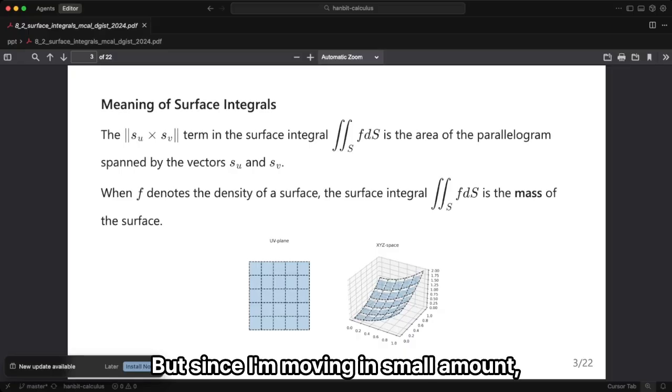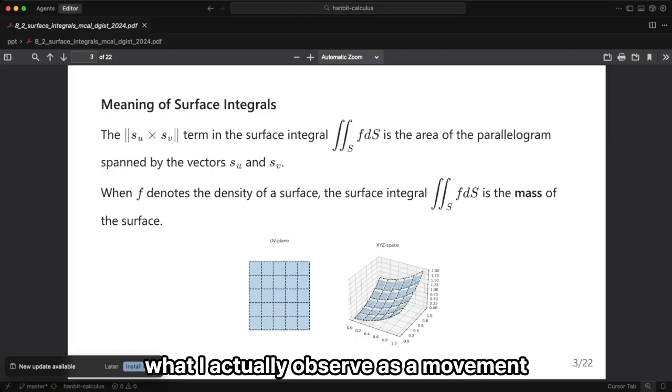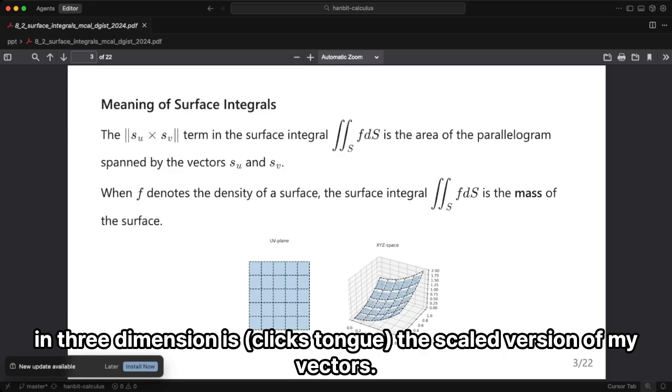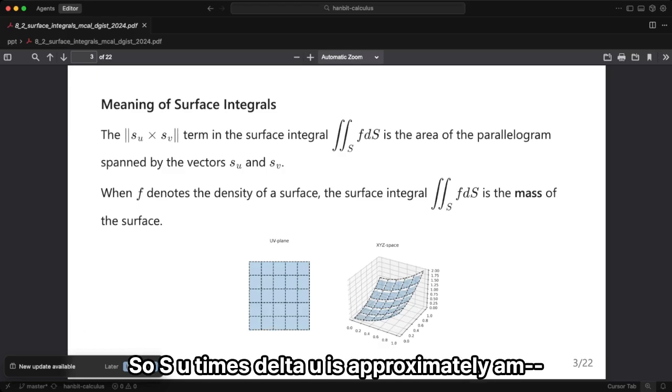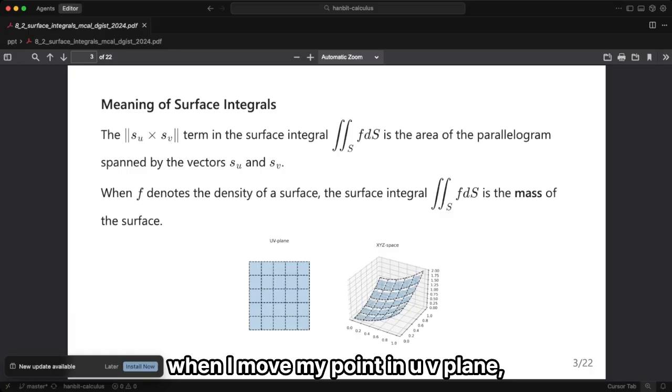But since I'm moving a small amount, let's say delta U to the right, delta V to the top, what I actually observe as a movement in 3 dimensions is the scaled version of my vector. So SU times delta U is approximately the amount of the actual movement of the point when I move my point in the UV plane. And same for this.